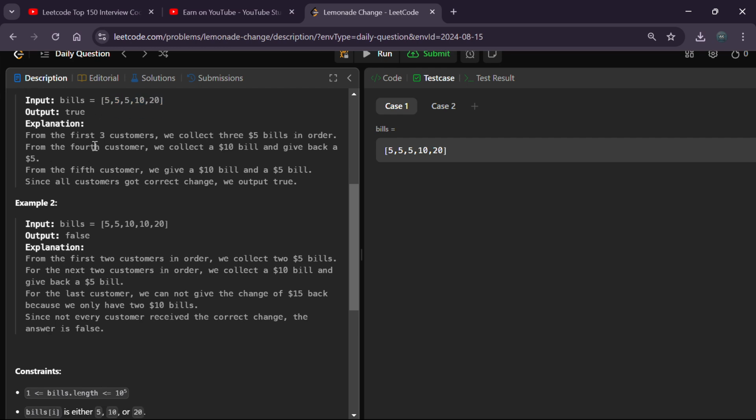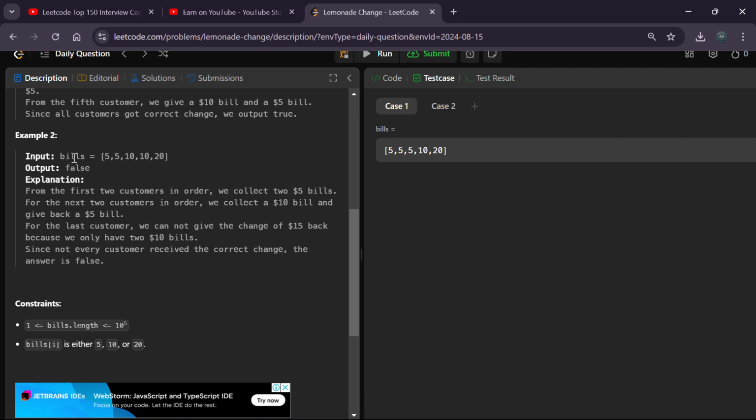And let's go with the second example. So for the first two customers, we came up with two $5 bills, right? For the first two customers, we don't have to return any change. And for the third customer, we take a $10 bill and we have to return one $5, right? Up to three transactions, we remain with one $10 and one $5, right?